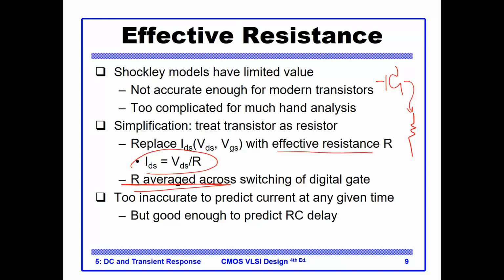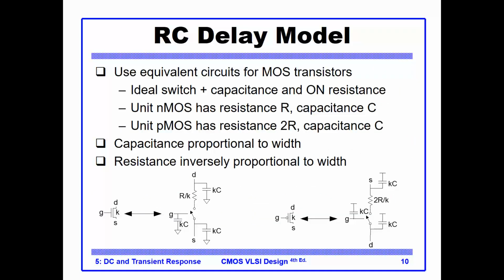So that's why you want to have an average value for this transistor. It will not be too accurate. If you want more accuracy, then you have to go for simulations. So the idea is to replace the transistor with an RC circuit.